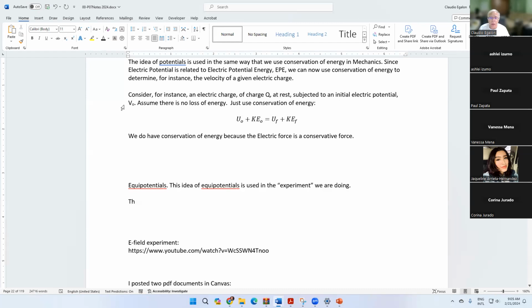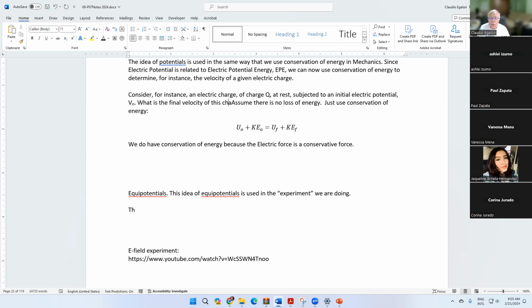What is the final velocity of this charge at a point where the final potential is VF? Like that. This is very good.